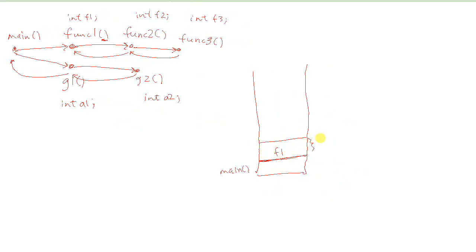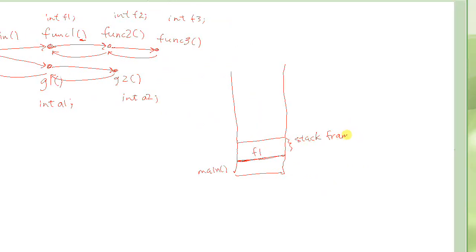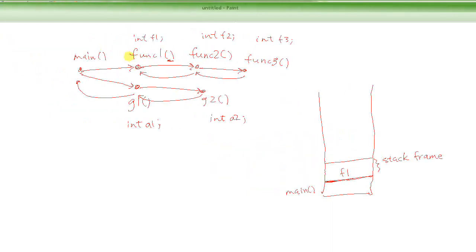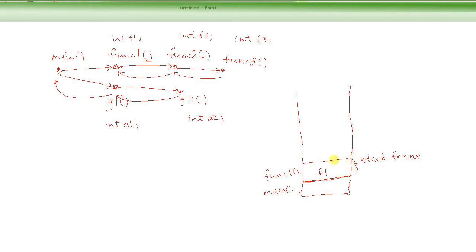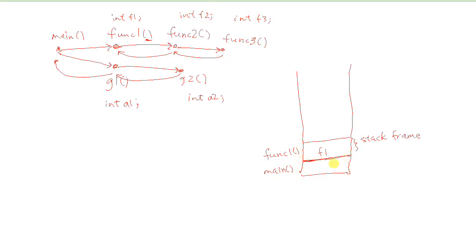So this whole thing is called a stack frame. This stack frame is for this particular function, func1, and the space for func1 is created right after the space for main.